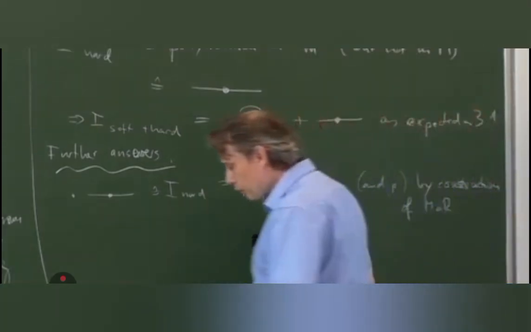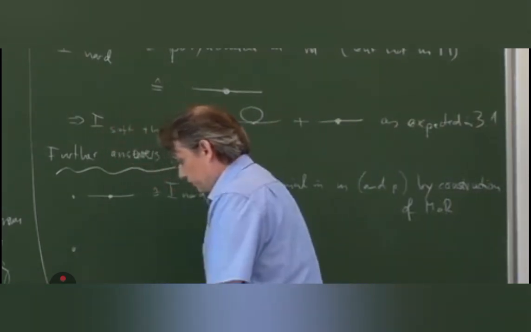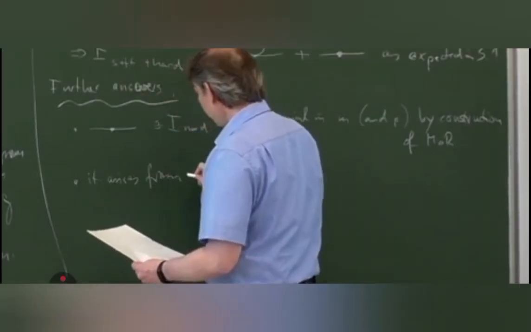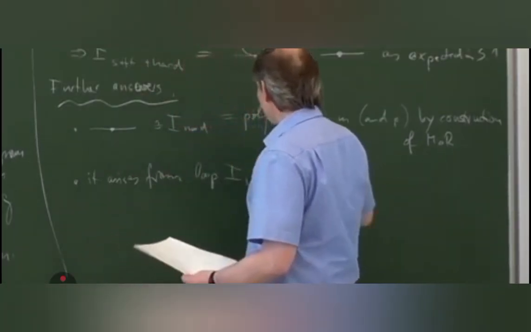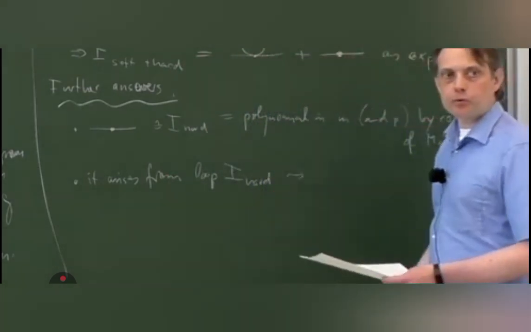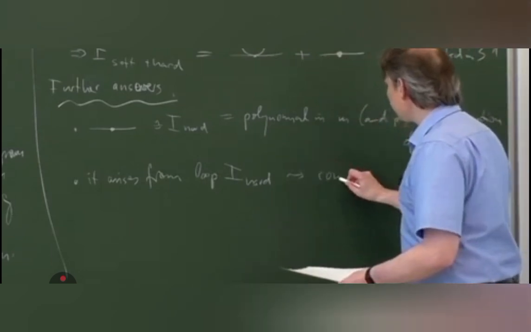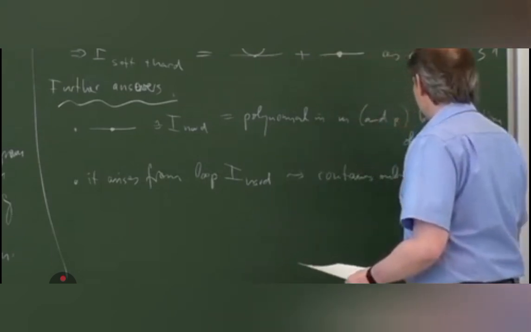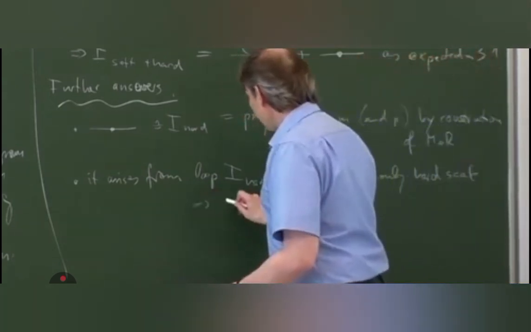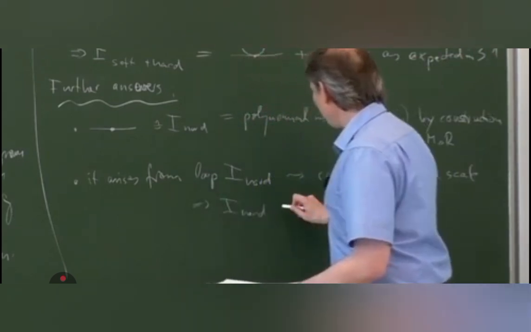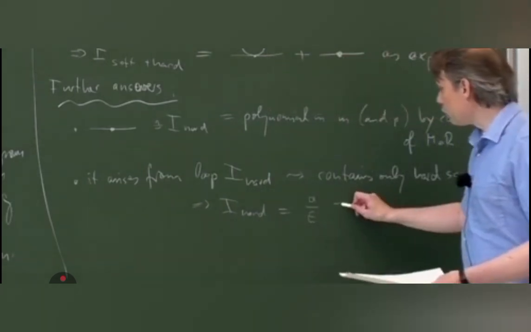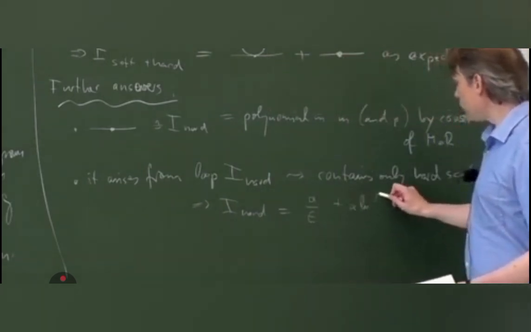So that answers one question. Second, it arises from the loop integral, this hard loop integral. And by construction, this loop contains only one physical scale, namely the hard scale. Therefore, the structure of the loop integral is of the form some constant divided by epsilon plus the same constant times ln mu square.